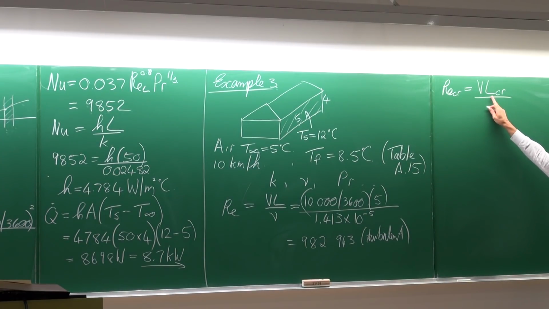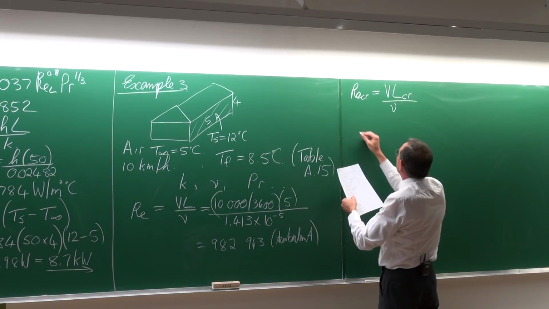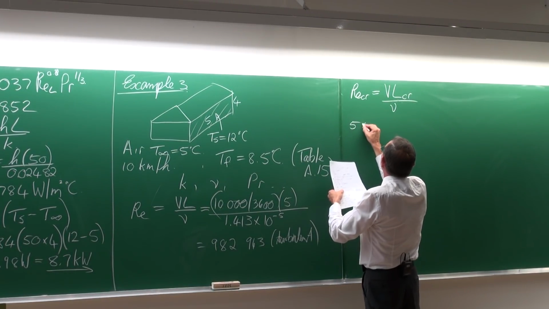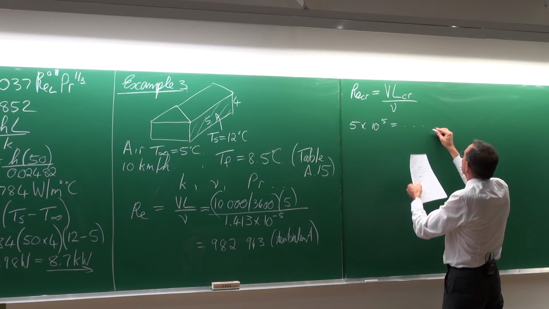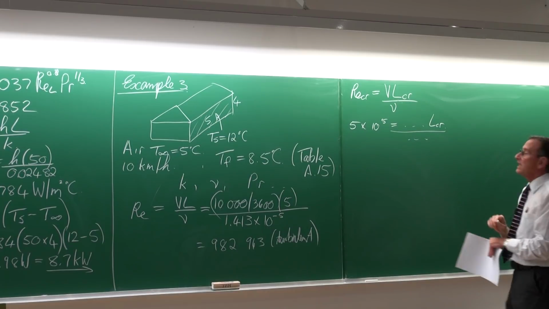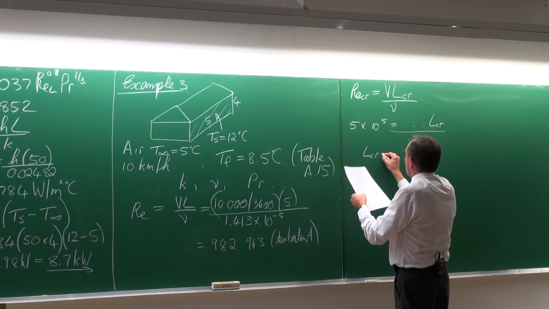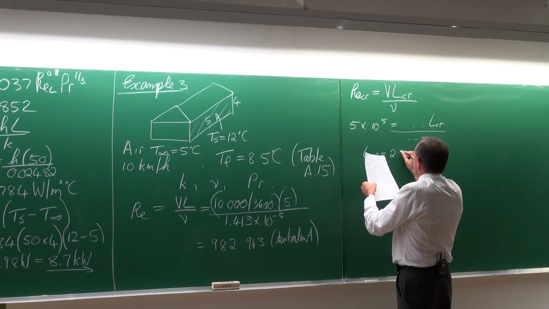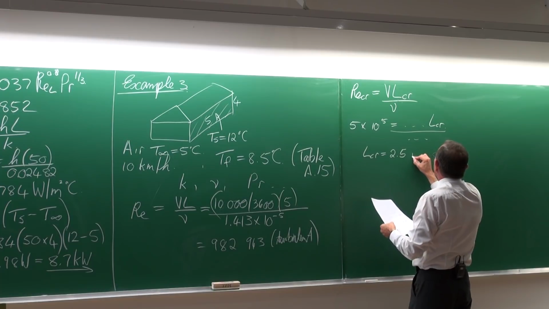In this case, I've used L critical. You can also use X critical, just as you want. Divided by the kinematic viscosity, 500,000. You can go and put in all the values. You want to get the critical length, and the critical length is, as previously, about 2 to 3 meters, 2.5 meters.